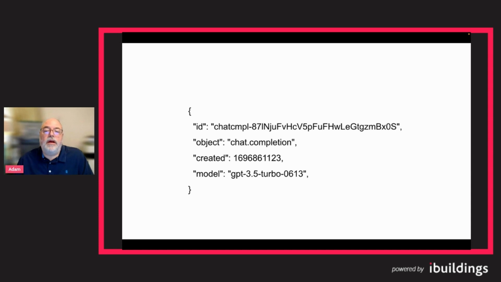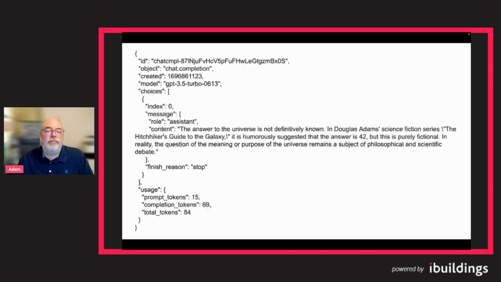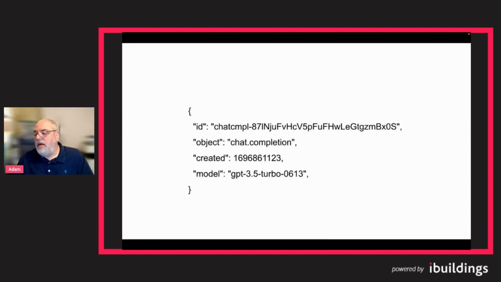If you remember, back here we told it GPT-3.5 Turbo, but it's actually much more specific as to which version of GPT-3.5 Turbo. I'm unaware of any way to pin the model in OpenAI at this time. So you're going to ask for GPT-3.5 Turbo, and if they update it, you may get different answers. If you find that one day you're getting different answers than you were the day before, go check the model being returned and see if it's different.